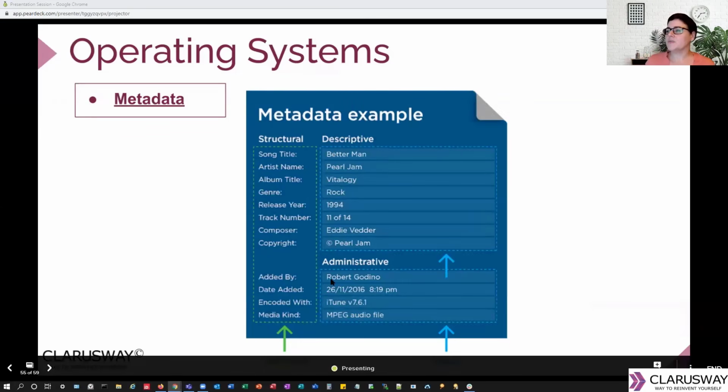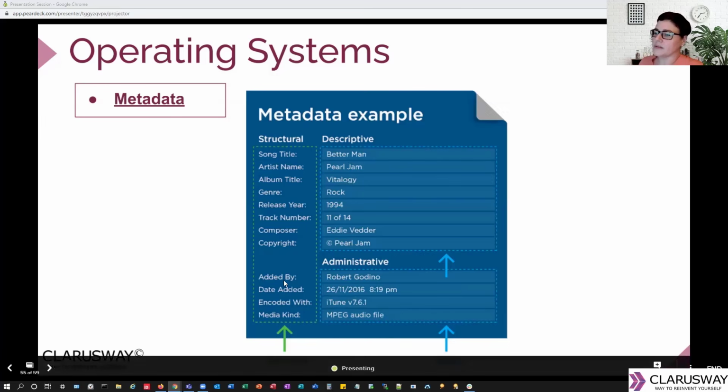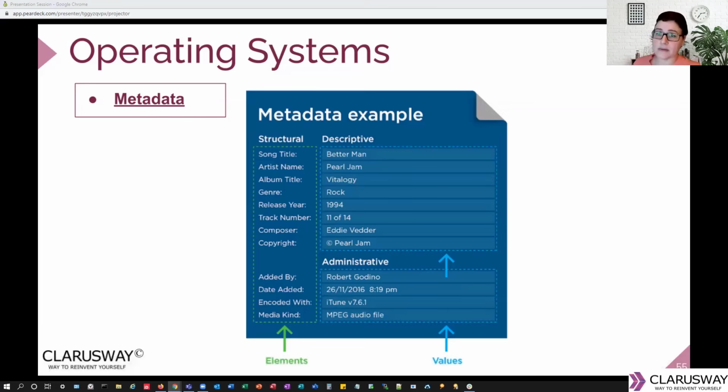So here's an example of what you might see in terms of metadata displayed a little differently for a song. So obviously, with a song, you think of the artist, the album, the year it was created. But then there's also other different administrative data that are important to just managing data, right?